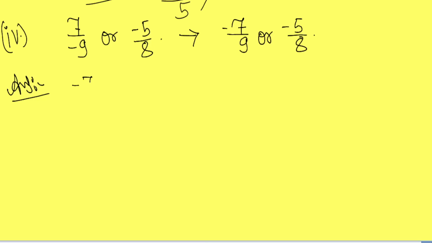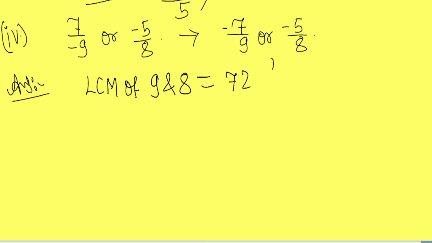Taking the first rational number -7/9. Before doing this, first we will take out the LCM. So the LCM of 9 and 8 is 72. Very simple, because 9 and 8 have no common factor.